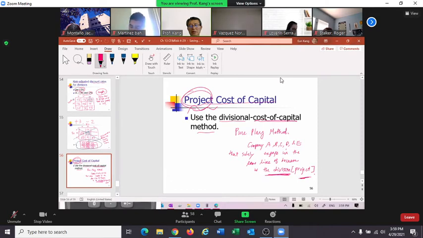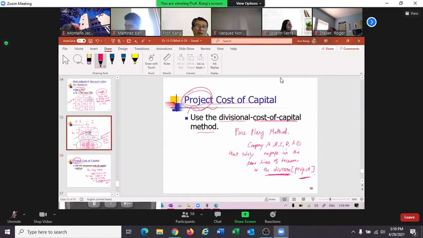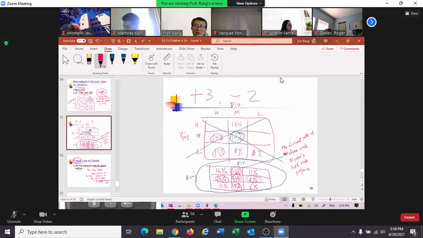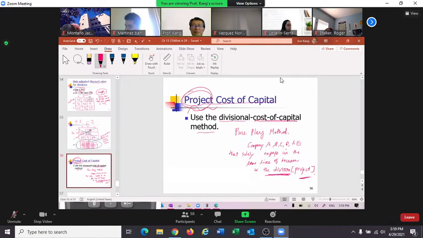But for company B, almost 90% of their business is in this line, then 0.9. So in other words, it's a weighted average of the betas. Of course, it may not be very accurate, but that's the only way. You can utilize the data and try to come up with the divisional cost of capital. Pretty hard, but this way is easy to use.